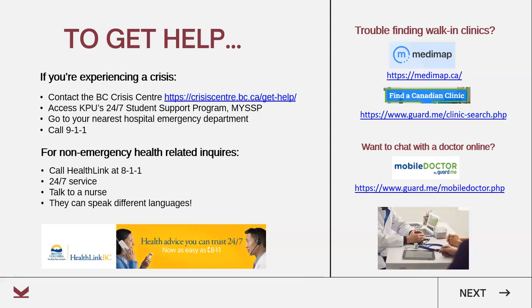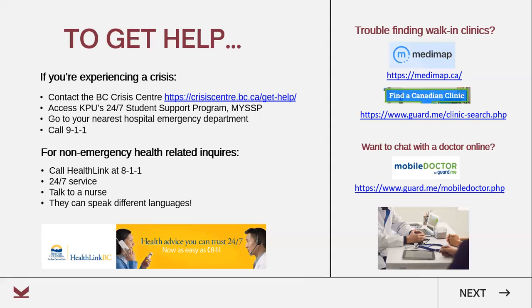Okay, so on the right side here, I just wanted to point out some resources that you can use to find something that's called walk-in clinics. There are some clinics that are only for people that are registered in their system, but there are some clinics that are called walk-in clinics where everybody's welcome.